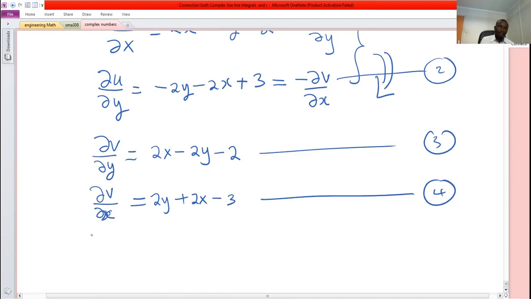Now from calculus, we know that dv is partial v partial x dx plus partial v partial y dy.